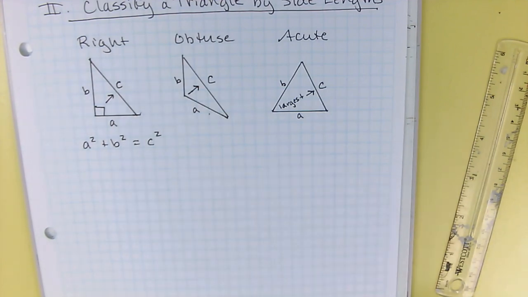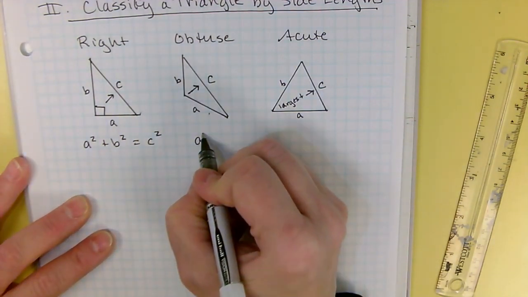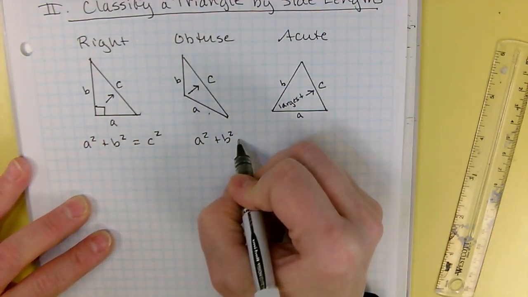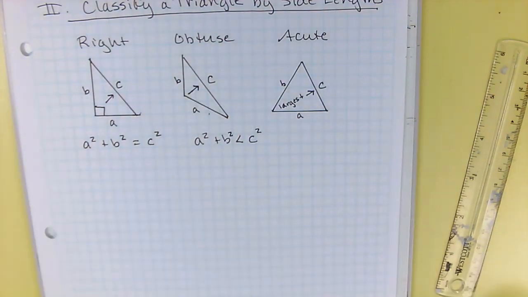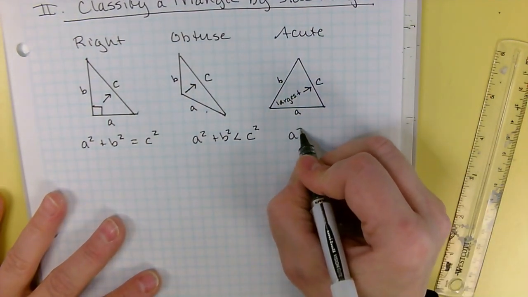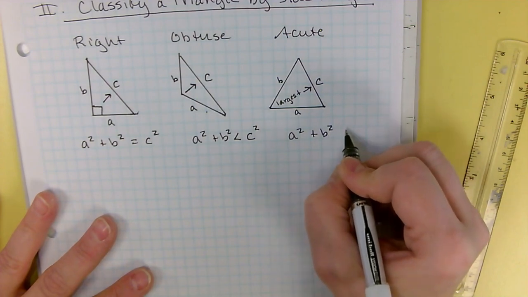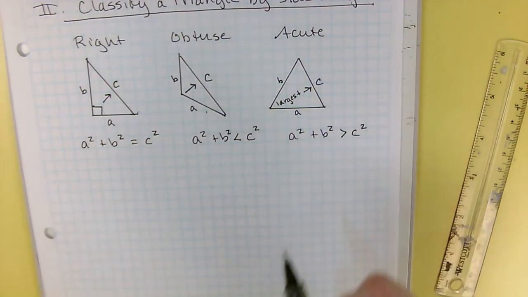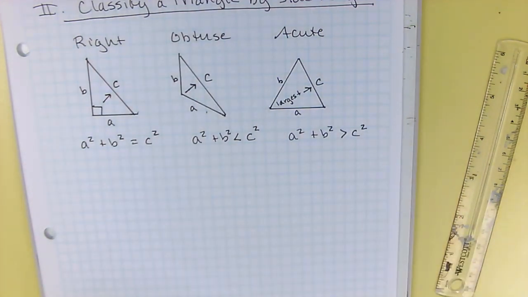In the case of an obtuse triangle, a squared plus b squared is less than c squared because c is so much bigger than a and b due to the fact it's opposite a really large angle. In an acute, a squared plus b squared is greater than c squared because c is not all that much bigger than a and b.